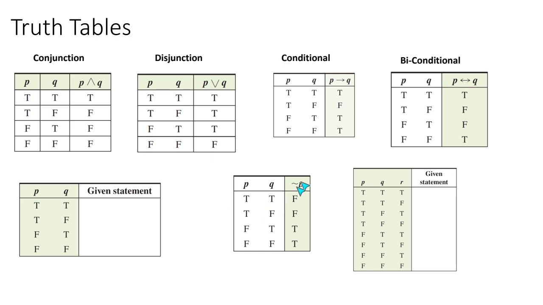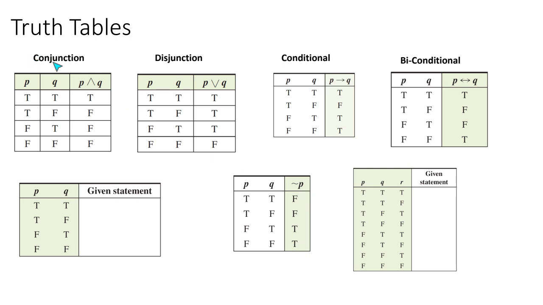So we were using the word not, so it's the opposite. So if P is true, then the negation of P is going to be false. Here P is true, so the negation of that would be false. And then P is false. So the negation would be the opposite, which is true. And then the last one is false, so then you would have a true.